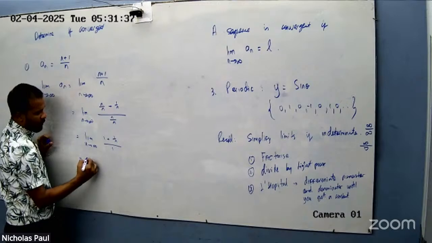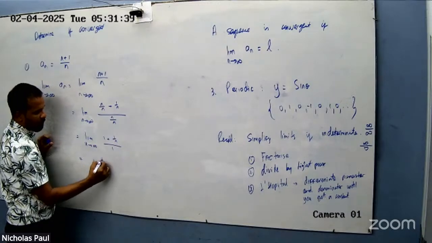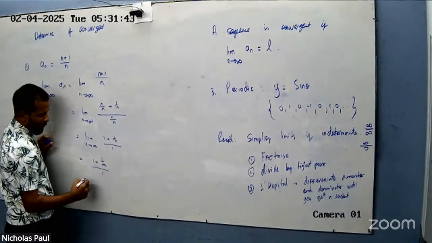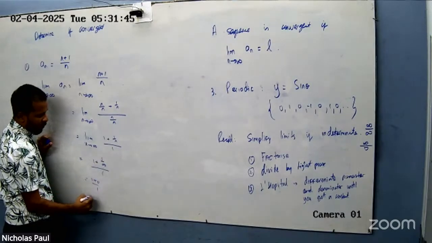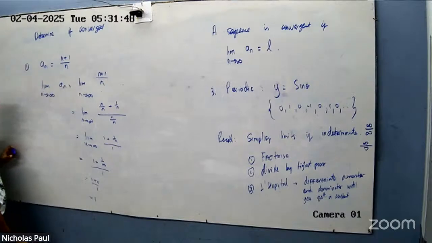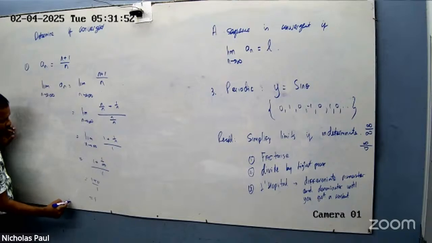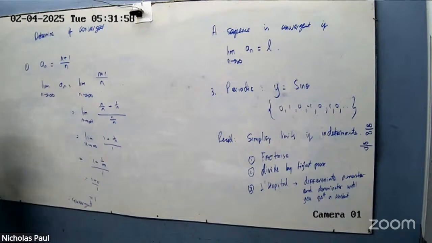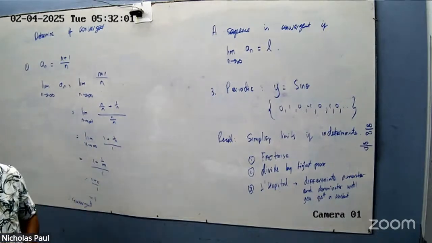All we have to do is substitute infinity. You'll get 1 plus 1 on infinity over 1. This is 0, so you'll end up with 1 plus 0 on 1. So it's 1. Therefore, what you could say here is that it's convergent.